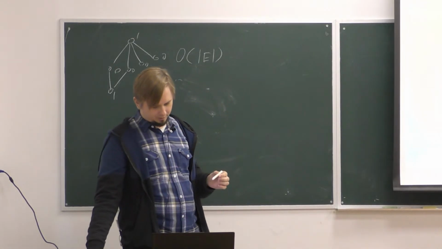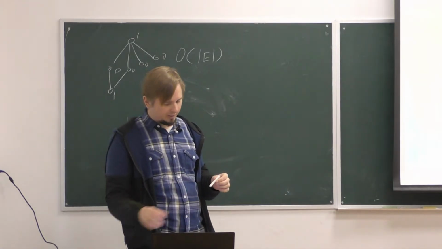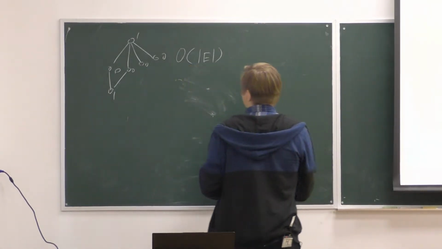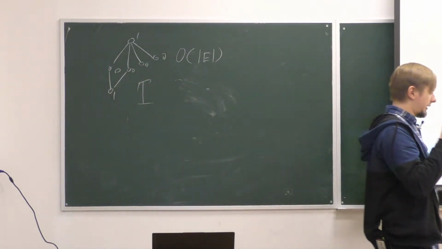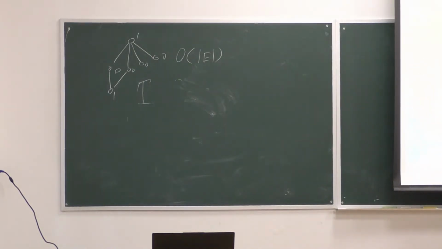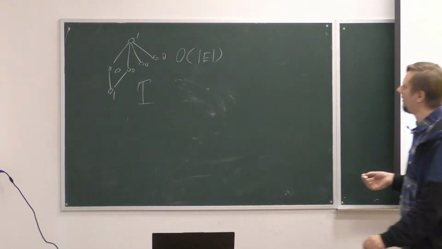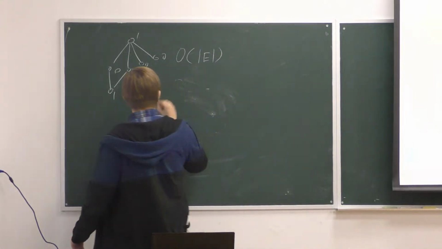Okay, this is the testing algorithm, and let's very quickly look at another. You can test a bipartite graph by this algorithm, but there is also a very simple criterion to understand whether your graph is bipartite or not.